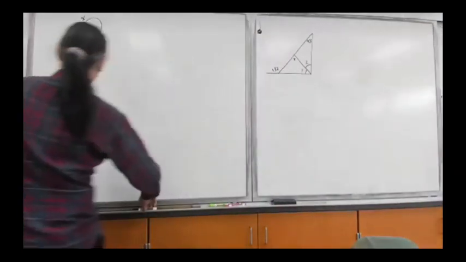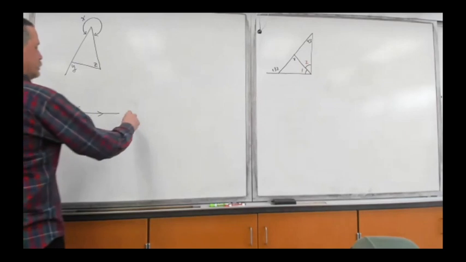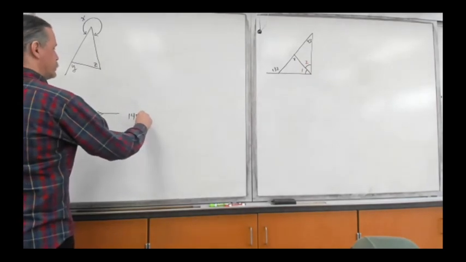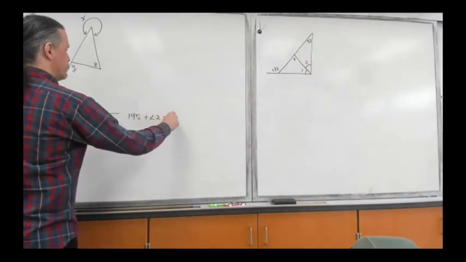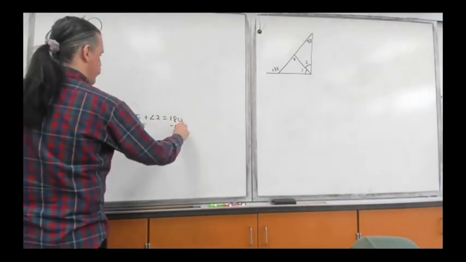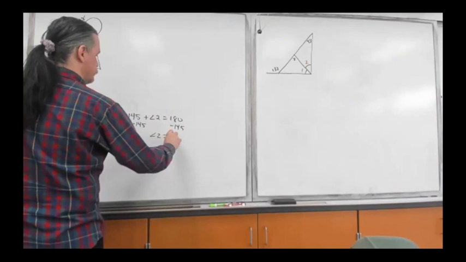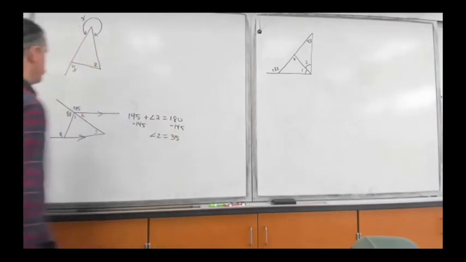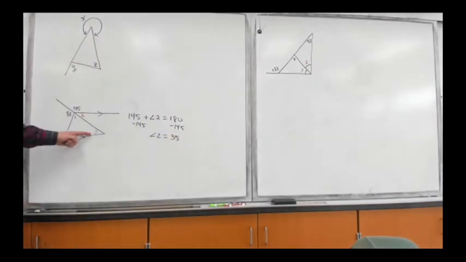Well, we can get angle 2 because 145 plus angle 2 is 180. And now we got angle 2. And angle 2 and 3 are alternate interior, which means they're congruent.